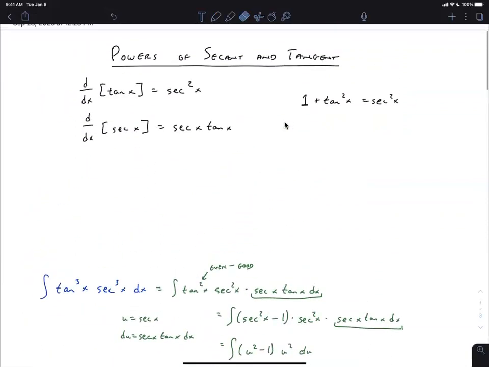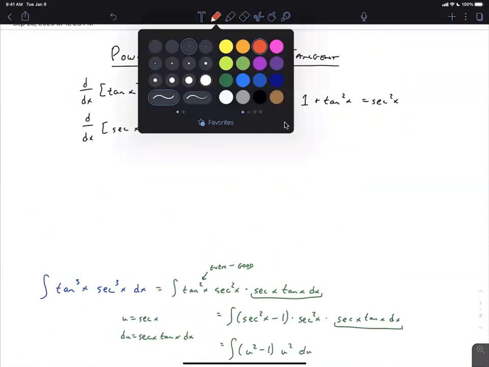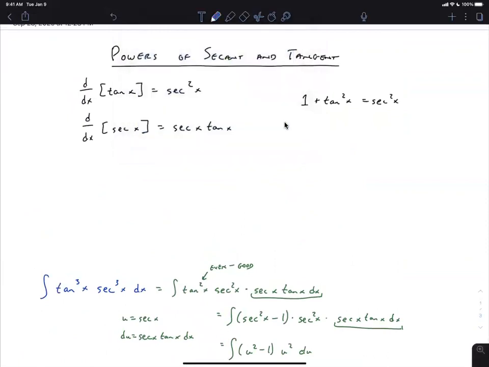Another thing is that when we talk about cosecant and cotangent, almost exactly the same relationships exist. So the derivative of cotangent is negative cosecant squared. The derivative of cosecant is negative cosecant cotangent.